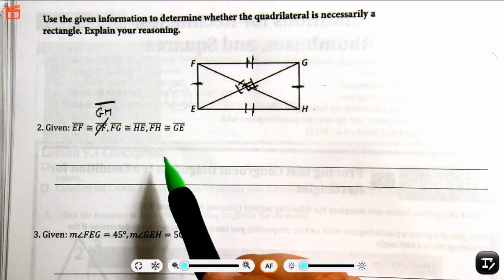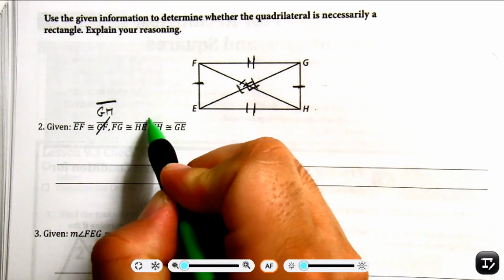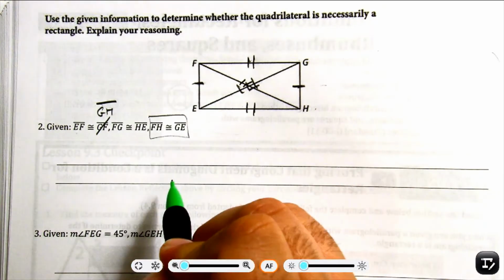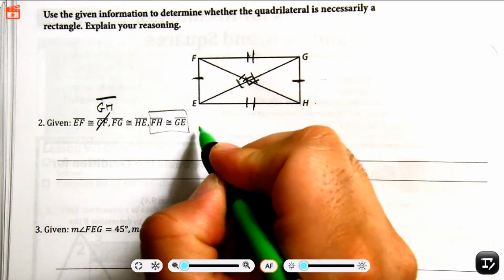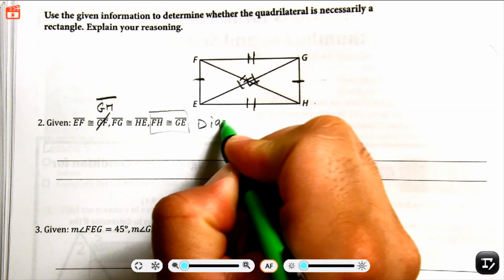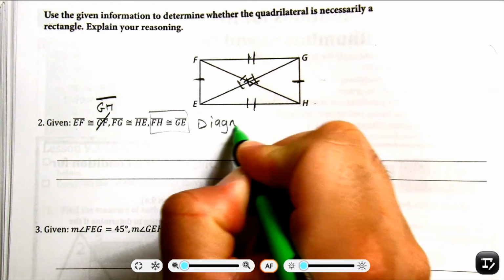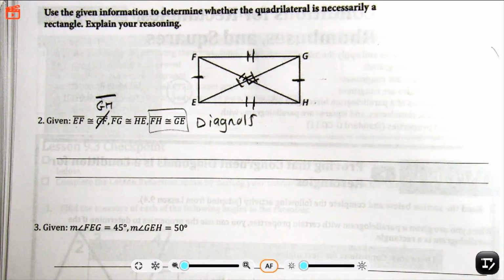It's actually this last one. This last one talks about the diagonals, and if the diagonals are congruent to each other, then that means that the parallelogram is a rectangle.